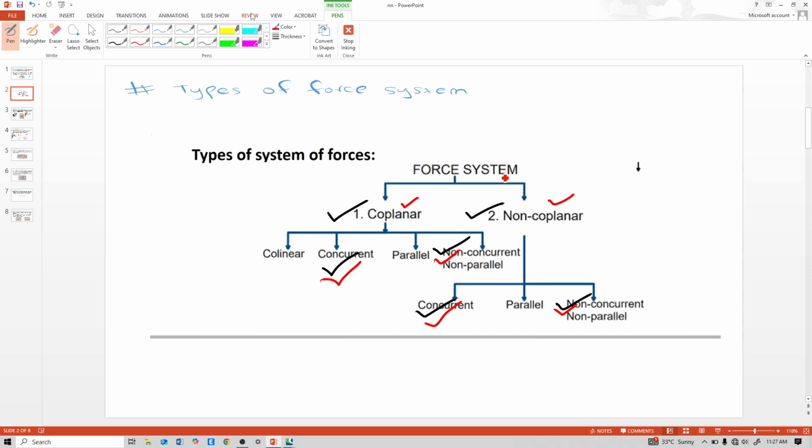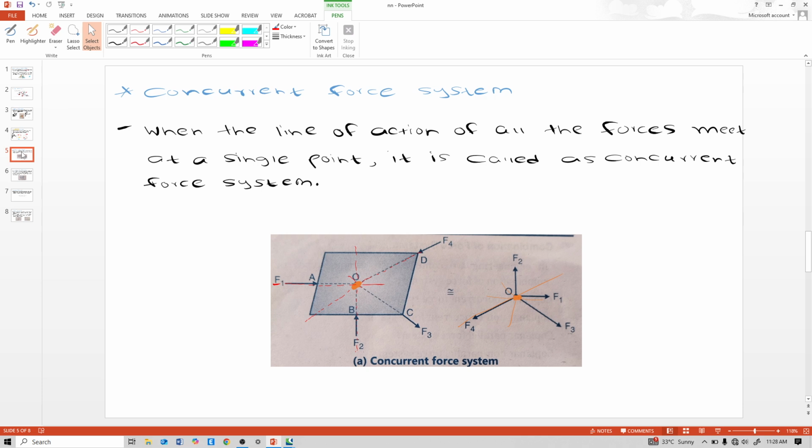See, we saw the concurrent force system. So what is a coplanar concurrent force system? X, Y, Z. This is a coplanar concurrent force system because it is acting on only the XY plane.